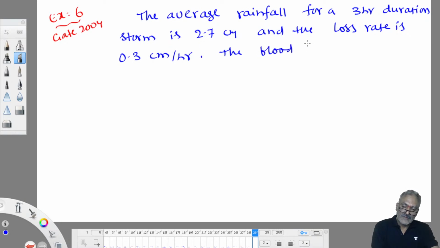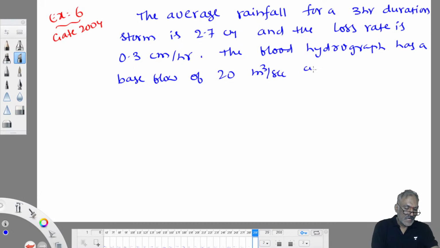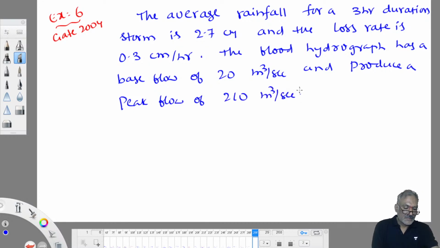The flood hydrograph has a base flow of 20 meter cube per second and produces a peak flow of 210 meter cube per second. The peak of a 3-hour unit hydrograph is? So I have been asked to find something related to the unit hydrograph.